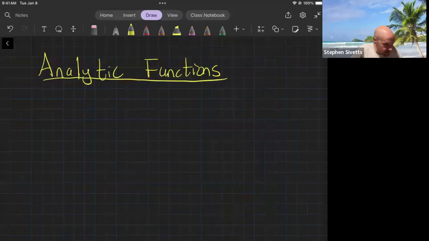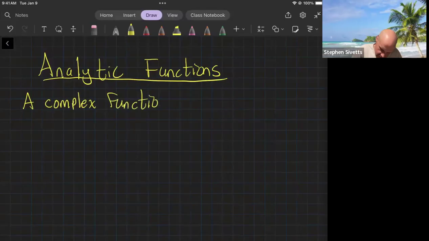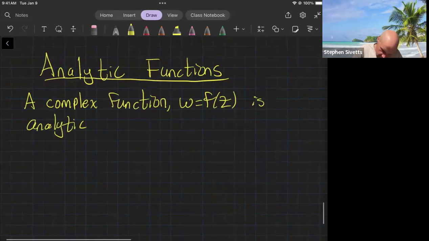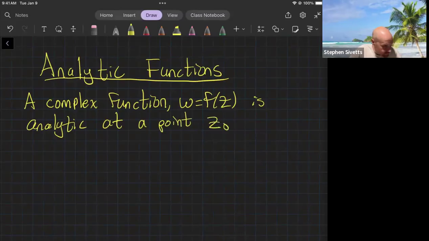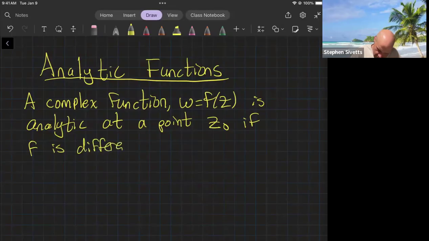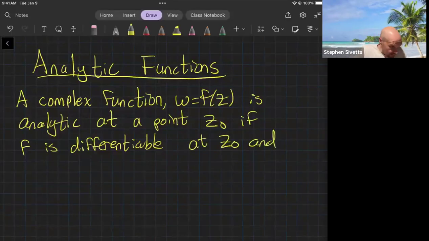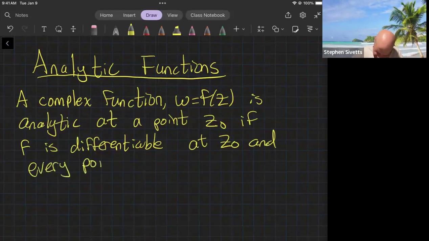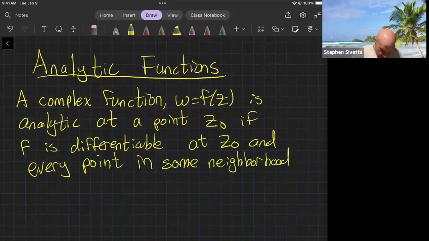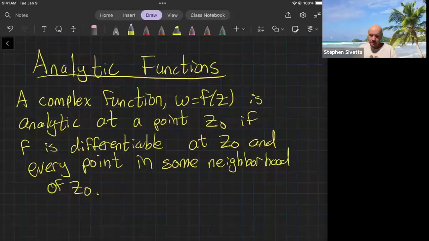A complex function w equals f of z is analytic at a point z naught if f is differentiable at z naught and every point in some neighborhood of z naught. So this is what it means to be analytic.